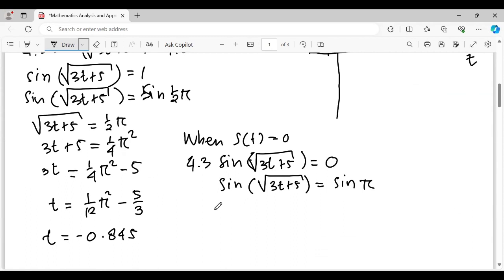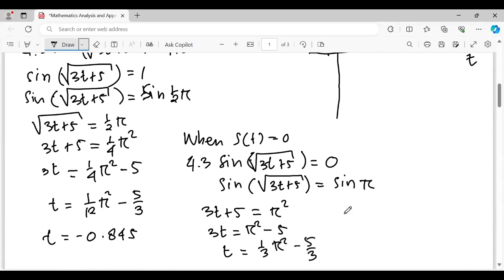So it means 3t plus 5 equals pi squared. 3t equals pi squared minus 5. t equals 1/3 pi squared minus 5/3.